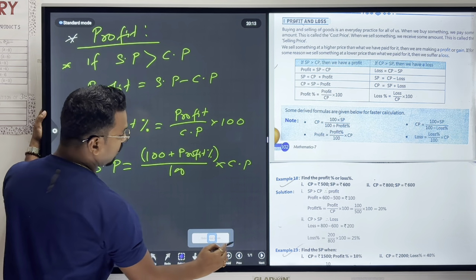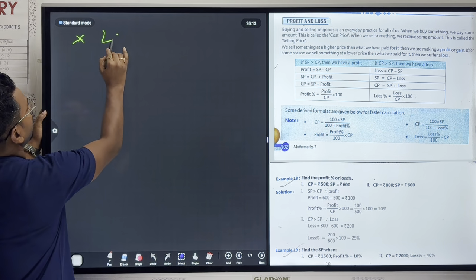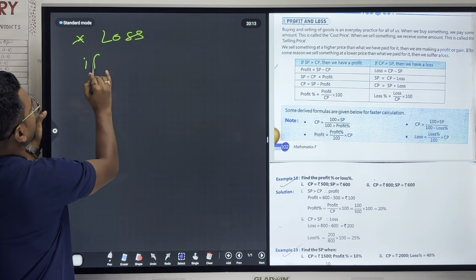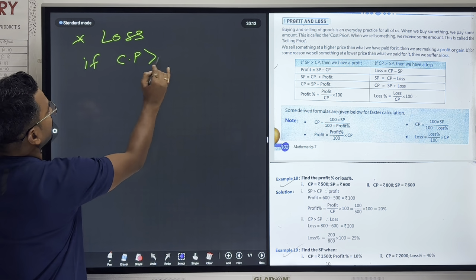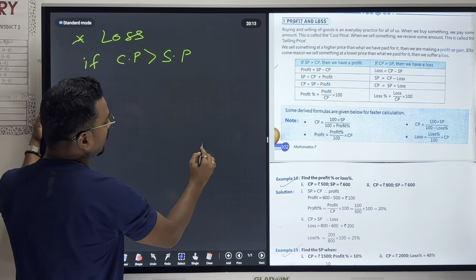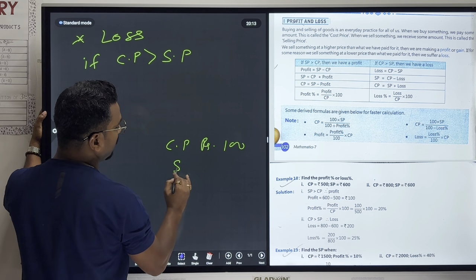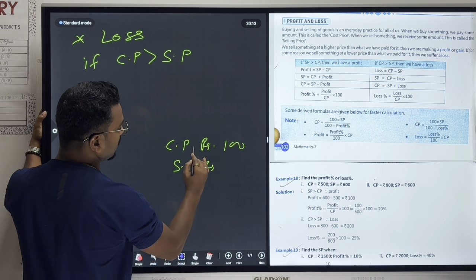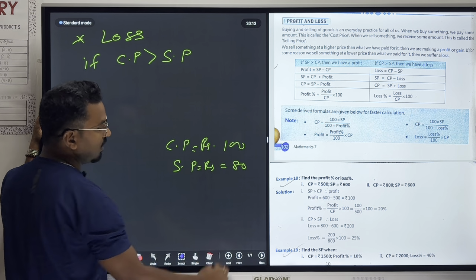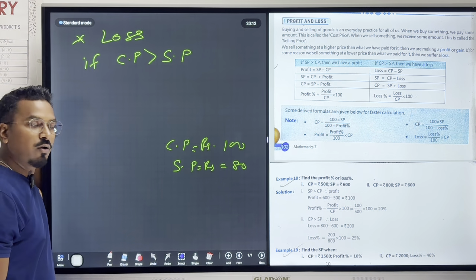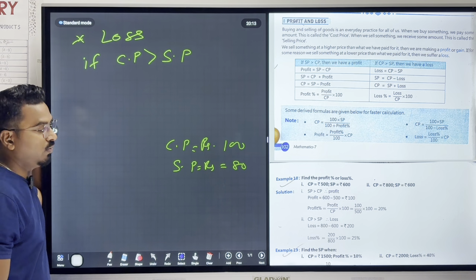Similarly, for loss, when do you have loss? If cost price is greater than the selling price. Suppose you are buying something at rupees 100 and you are selling it for rupees 80, it means you are having a loss of 20 rupees.